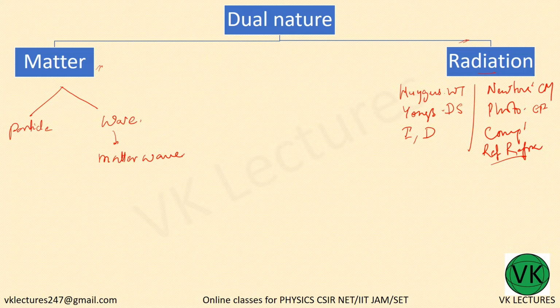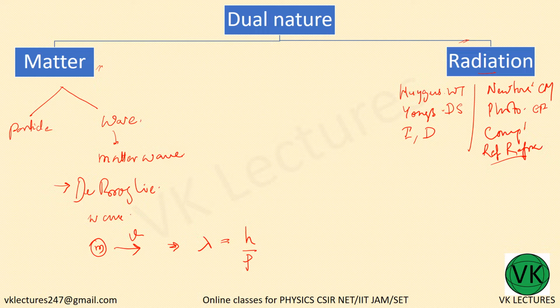Now, who has given this idea of matter wave? He is nothing but de Broglie. De Broglie's wave. That means if a particle with mass m is moving at velocity v, then the wave associated with this matter has a wavelength equal to h by p, where h is Planck's constant and p is the momentum.